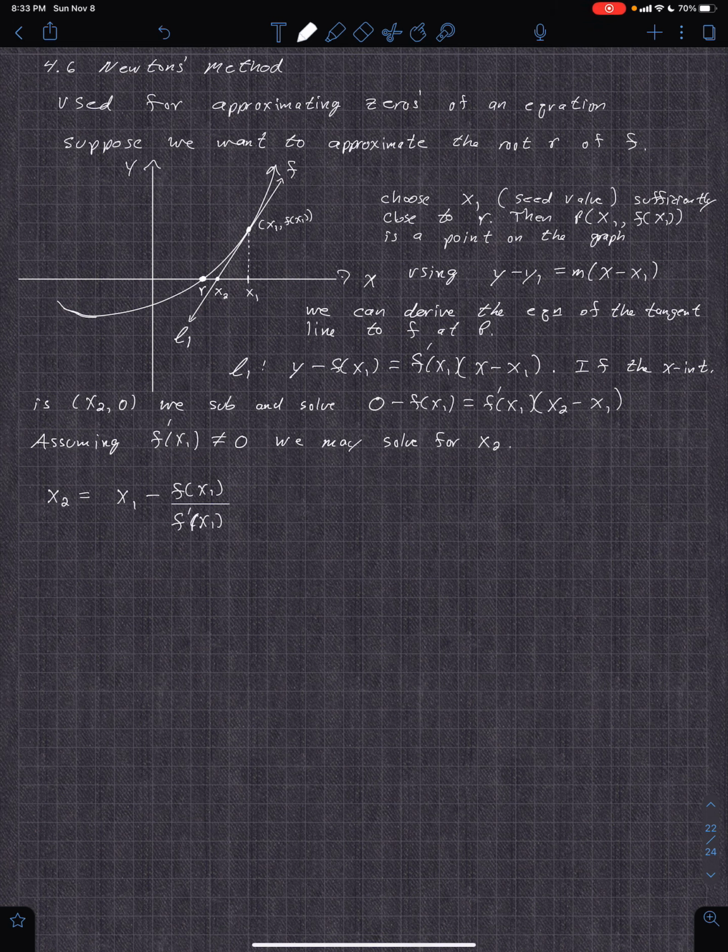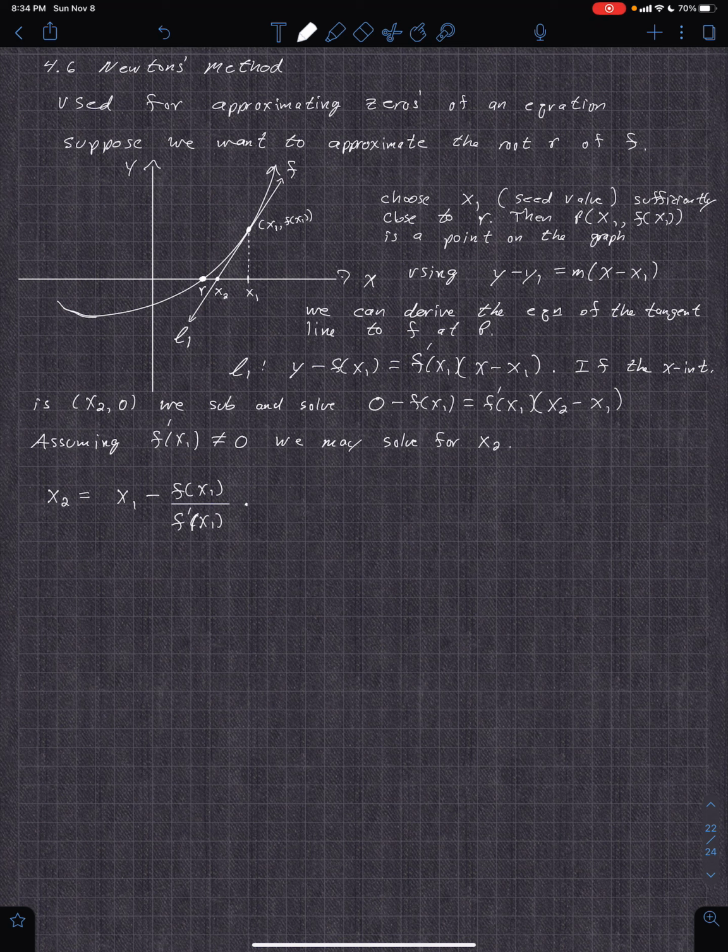All right, so then what we do, so picture that being like a value like 1.6 instead of 1 or something. Now we're going to use this x2 as a closer value, what we call the next seed value, and do the same process.